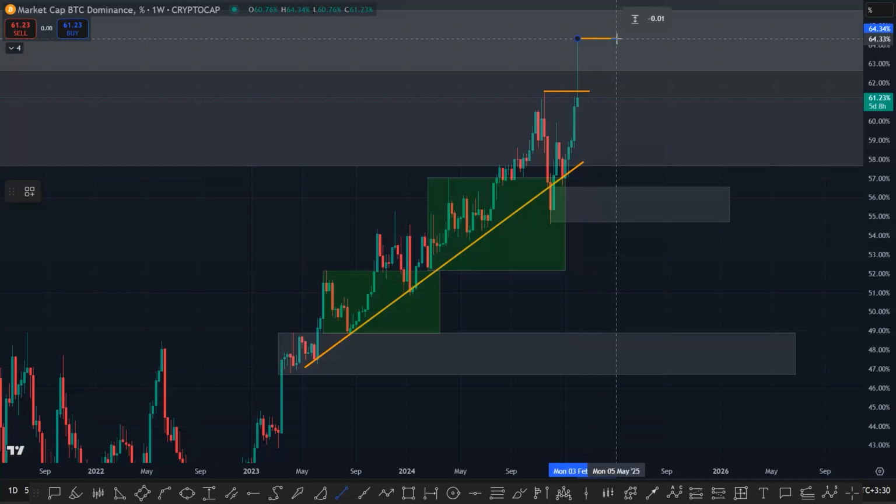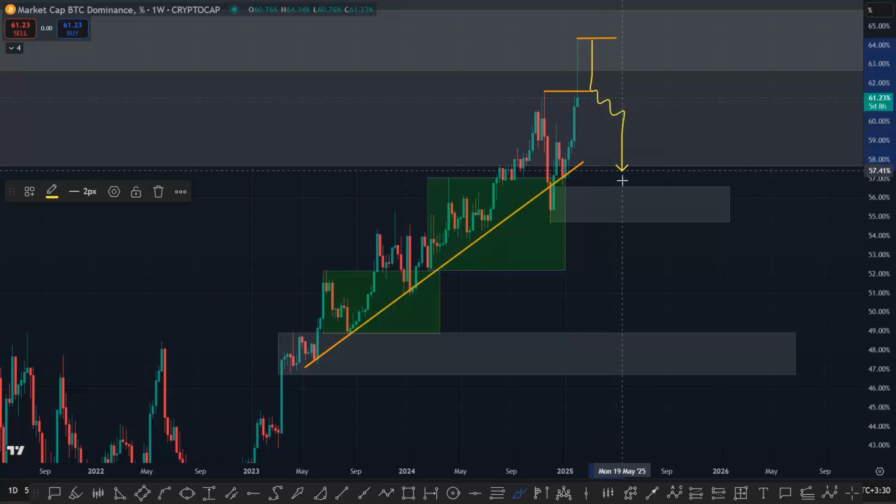A weekly candlestick close above this shadow, exactly 64.36% in Bitcoin dominance, would be bullish for me. So if we close a weekly candle above this, I expect a downside to this order block and then a new high.